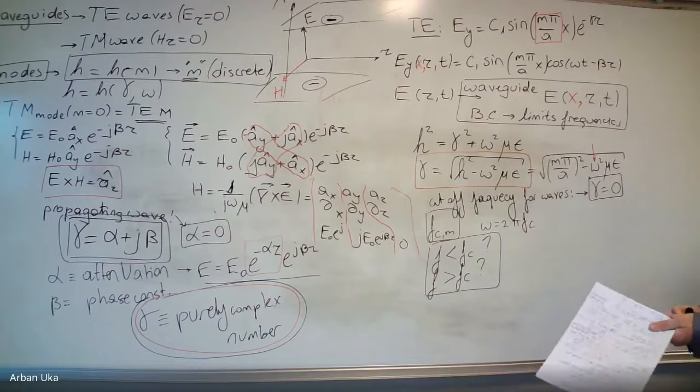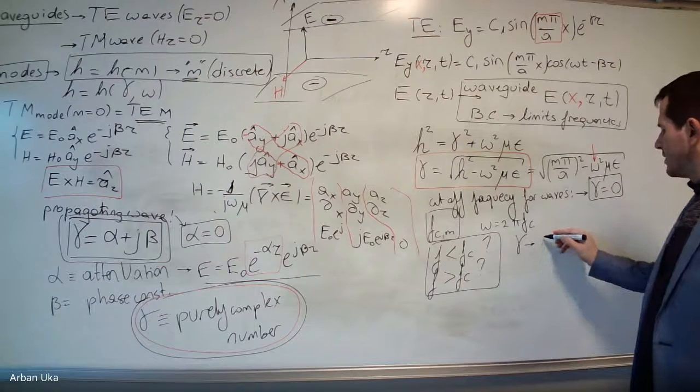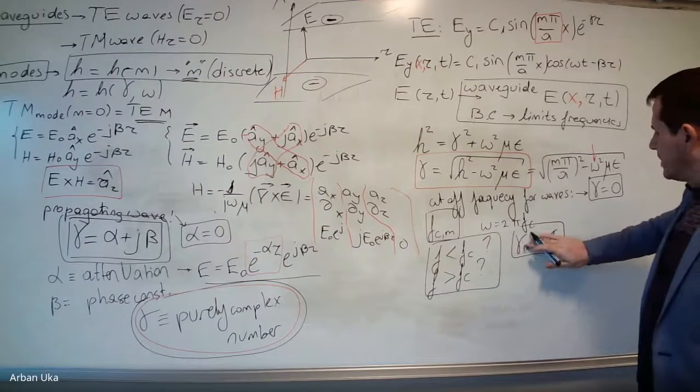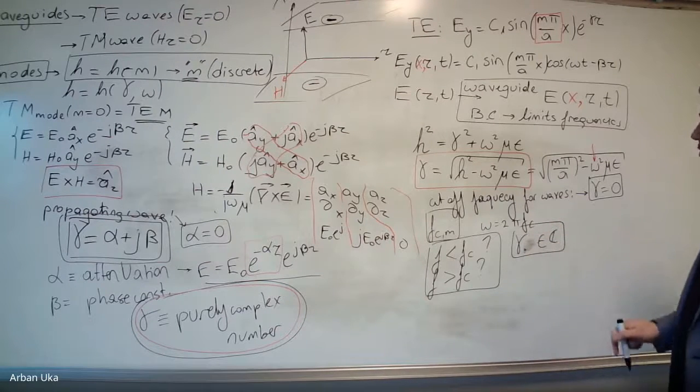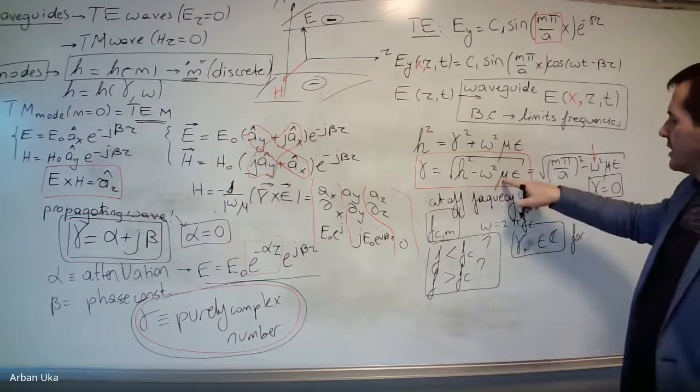So gamma is a complex number. Let me say it this way: it's a member of the complex number set. So we just need to write here, it's a member of the complex number set, when this number is negative, right?